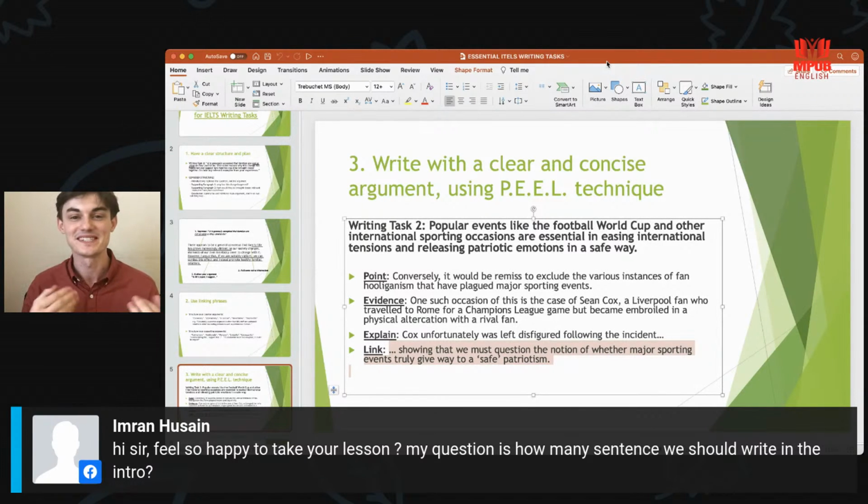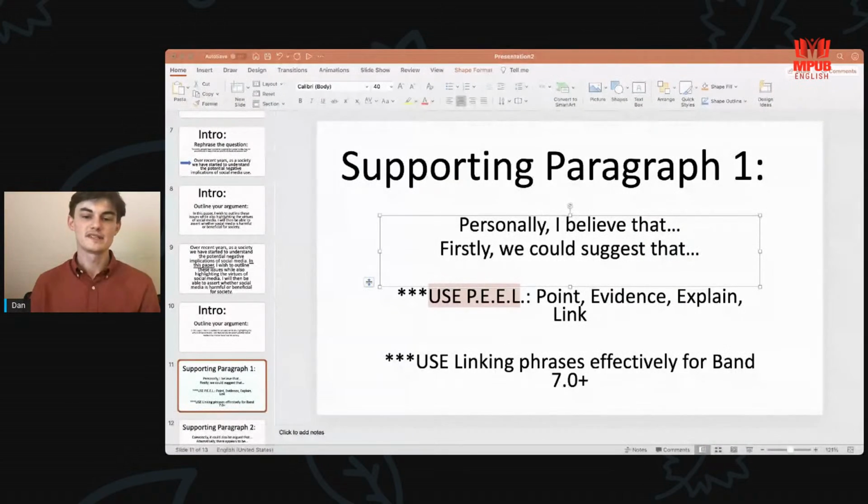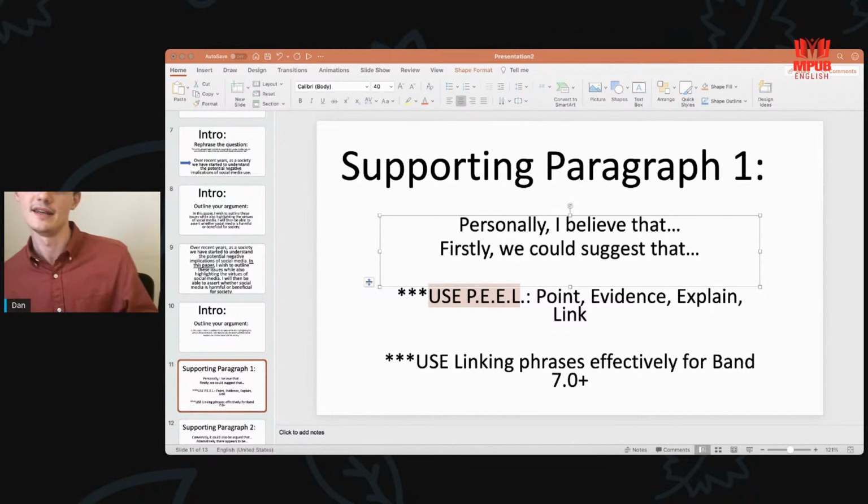What's the point of you saying this? Tie it in with the question. Your examiner will see this and definitely be impressed and give you a high score for your task response. And so I'm just going to go back to the other presentation again now. If you understand the PEEL technique, I think you'll really improve the quality of your arguments and your ability to argue points forward.